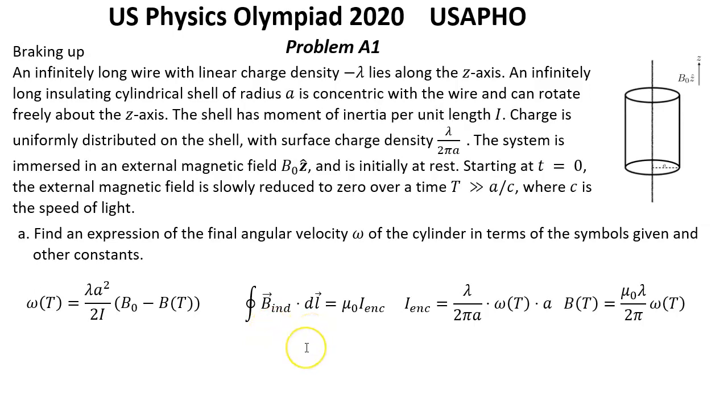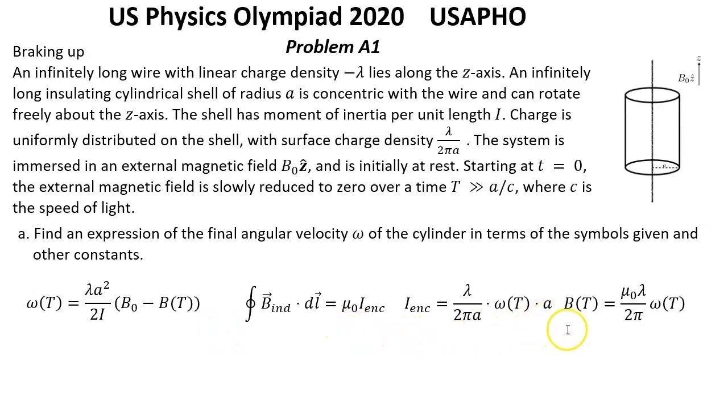If we take a loop with a straight line outside the cylinder and a straight line inside the cylinder near the surface, the outside magnetic field is 0, and inside, due to symmetry, the magnetic field is constant. The total current equals lambda over 2 pi a multiplied by omega and by radius a.